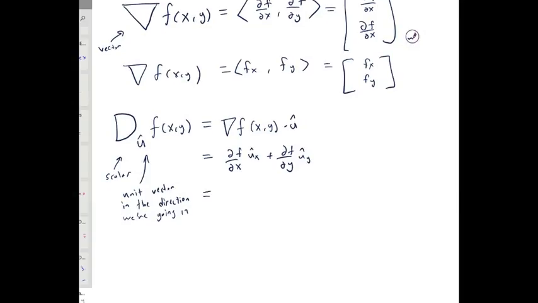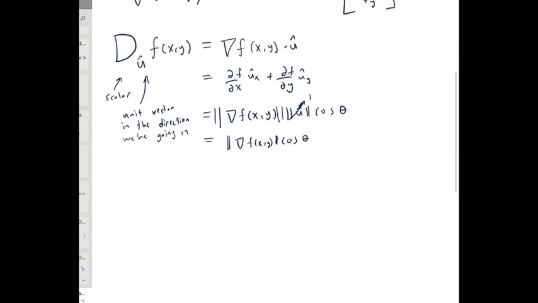And since it's a dot product, we can also write it as the magnitude of the gradient of f times the magnitude of this unit vector times the cosine of the angle in between them. But since the magnitude of a unit vector is just 1, you can write this as the magnitude of gradient f times the cosine of the angle in between the unit vector and gradient f.